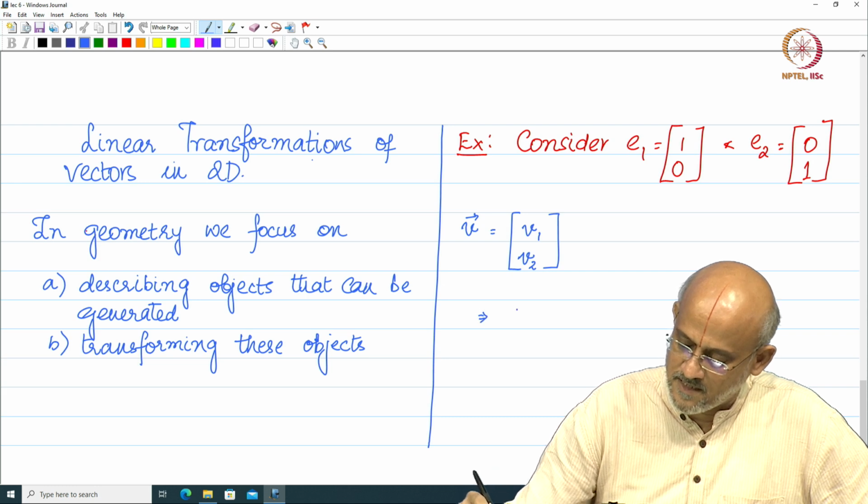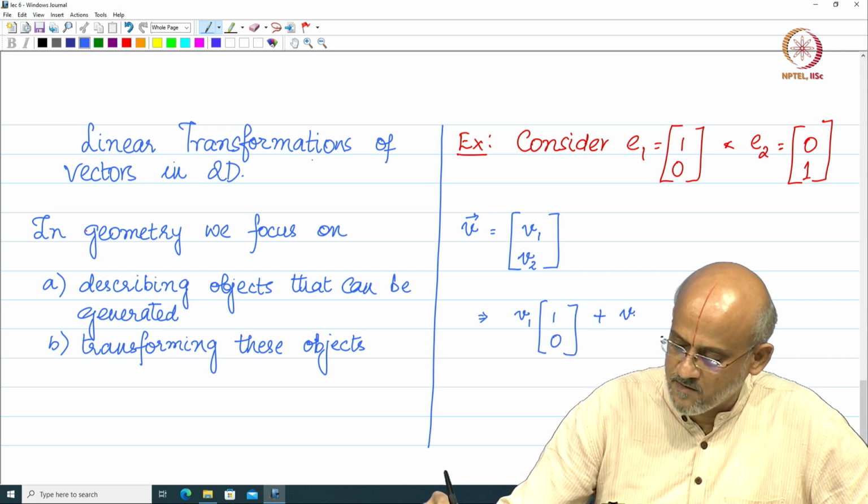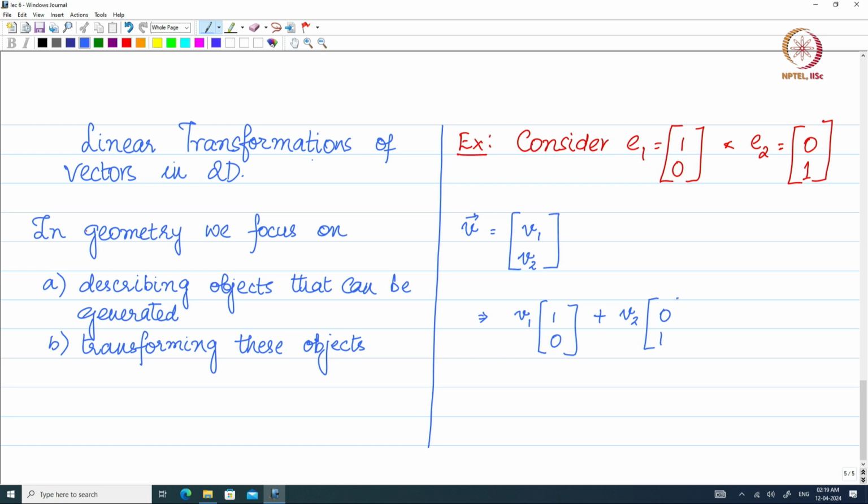This can be easily generated as V1 into 1 0 plus V2 into 0 1. Essentially it means V1 into E1 plus V2 into E2, where V1 turns out to be a scalar and V2 turns out to be another scalar. So we basically get the vectors 1 0 and 0 1 mapped to the vector V1 V2 when you take these values of V1 and V2, right. This is something which we know.